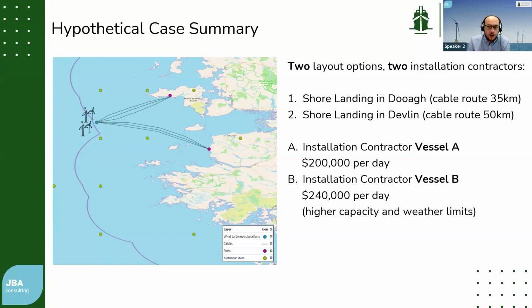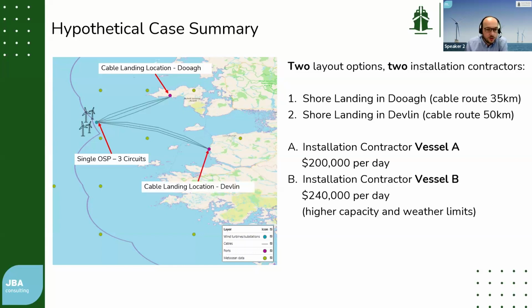So we've got our single OSP located to the west of Achill Island, and we want to look at our first shore landing location, which is located at Dooagh, and this is a 35-kilometre export cable route. But also, as an option, we also want to look at the longer cable route in Delphi.